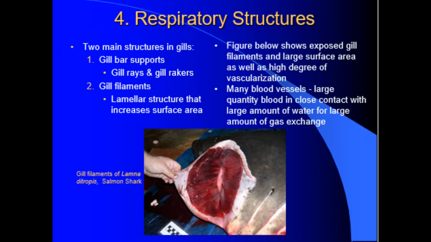Well, if you look at the respiratory structures in sharks, skates, and rays, as I said, they're gills. So part of the gill is supportive. There's these different parts of the gill, the rays and the gill rakers, that don't have the blood vessels, and it's not where oxygen is going to be absorbed and enter into the bloodstream.